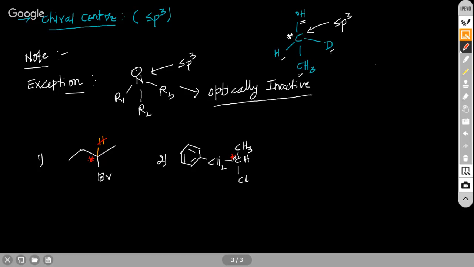Now see, like I discussed, the presence or absence of a chiral center is not the criteria for a molecule to be optically active. Then what is the criteria and condition for a molecule to show optical activity, right? That criteria is chirality.